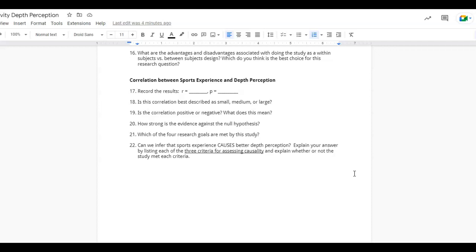It's entirely possible that people with better depth perception are more likely to play ball sports. Or another way of thinking about this is that people with really terrible depth perception are unlikely to want to play sports where balls are getting hurled at their head if they're not very good at perceiving that depth. So we don't have temporal precedence, we don't have covariation, and so we cannot infer causality here.